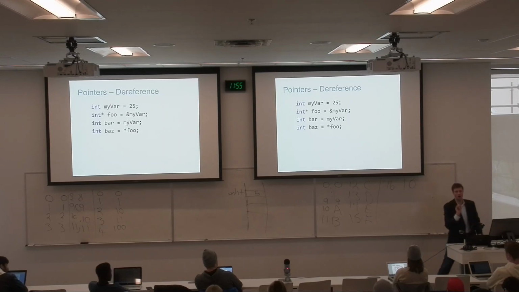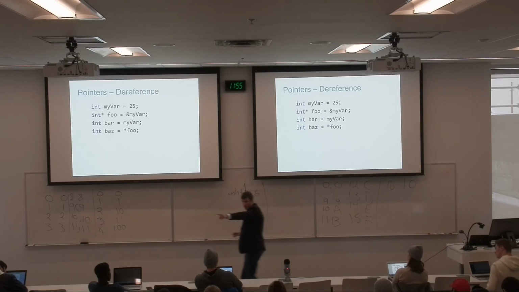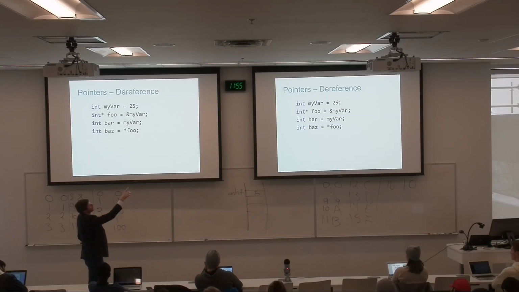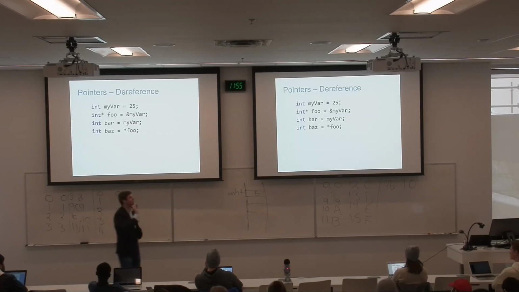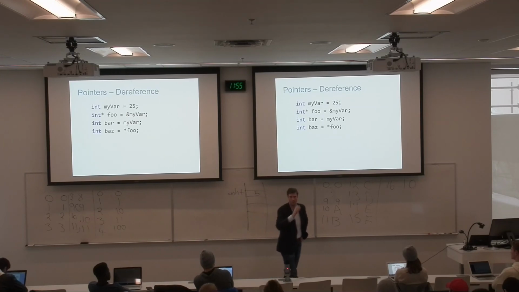What if, right before, now here's the real test. And this goes to your question that you're asking moments ago. What if, right before that last line of code, I change it. And I say, right before that Baz equals star foo, I say, my var equals 0.